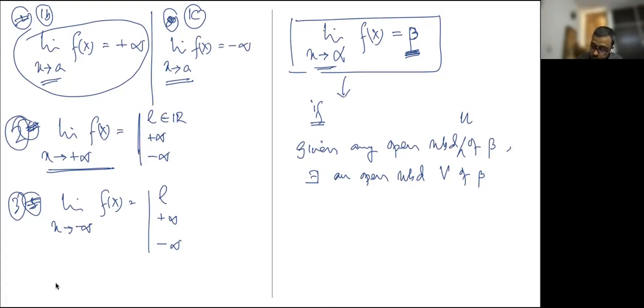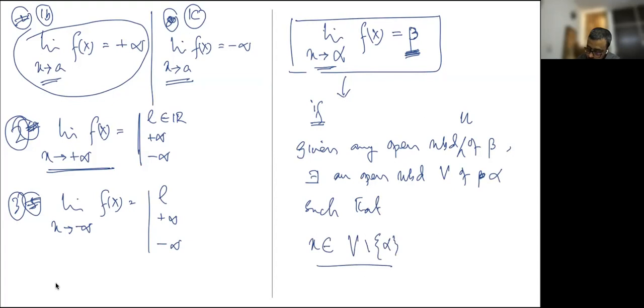Once this is given to us, then we should be able to produce a neighborhood V of alpha such that x belongs to V, but as I mentioned, we are not interested in the value at the point alpha.